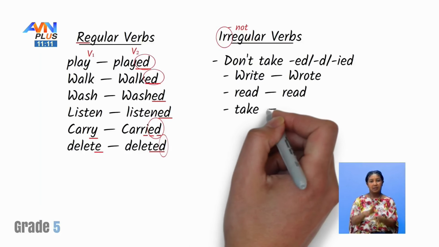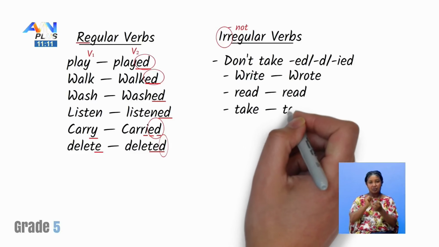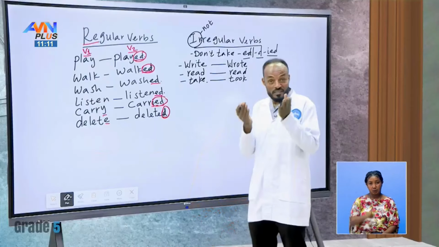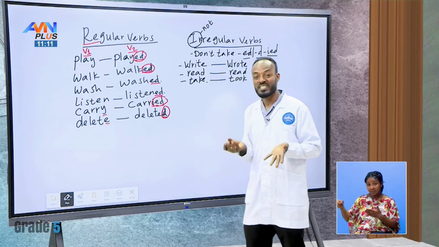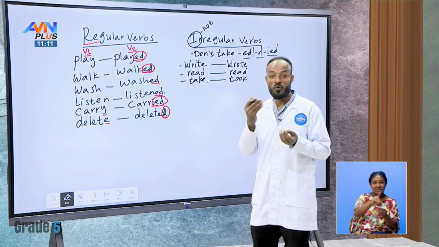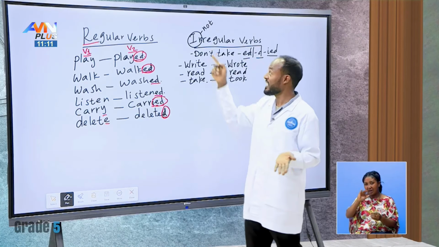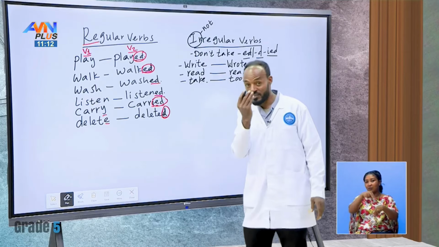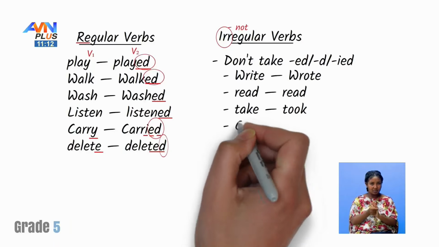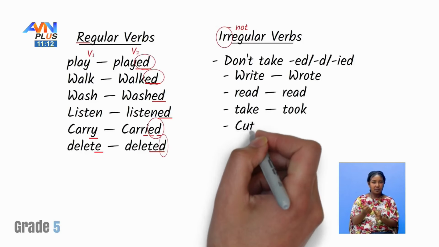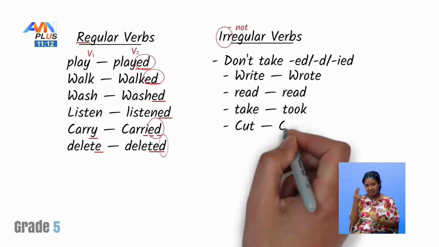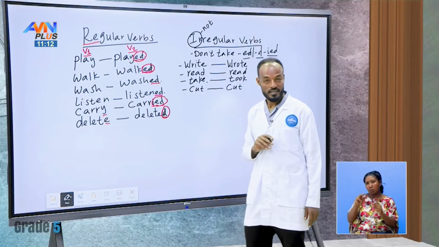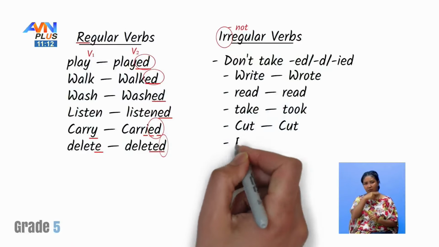Another one here, take. Here, took. Because we're not adding ed, d, or ied here. Because they are irregular. There is no fixed form. And there is another kind of word where there is no change, just like cut. Cut. Here, cut. Is it clear? Put.